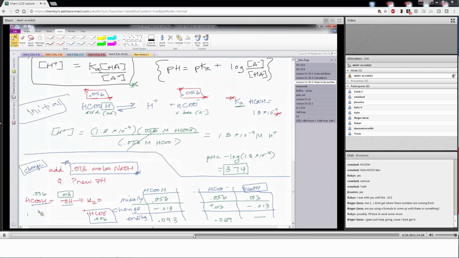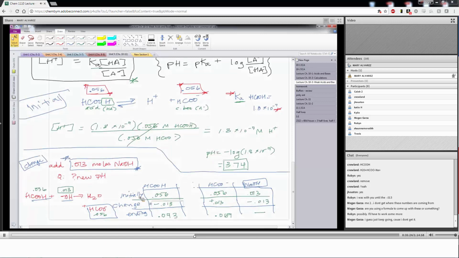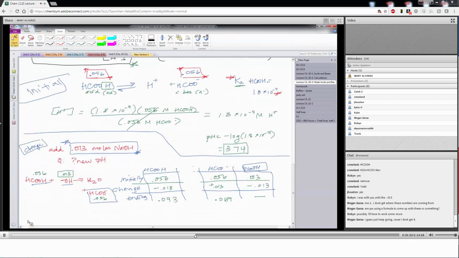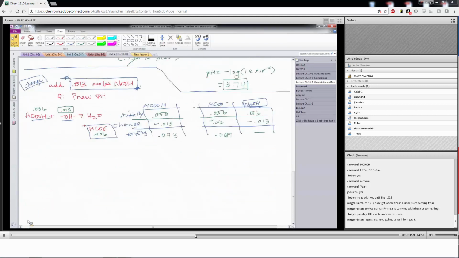Okay. So at this point, we've just got new numbers. The whole point of this exercise was to give us the new numbers to plug into our buffer equation. So again, the buffer equation that we're using: my H plus concentration is equal to my K sub A times my acid divided by my conjugate base.